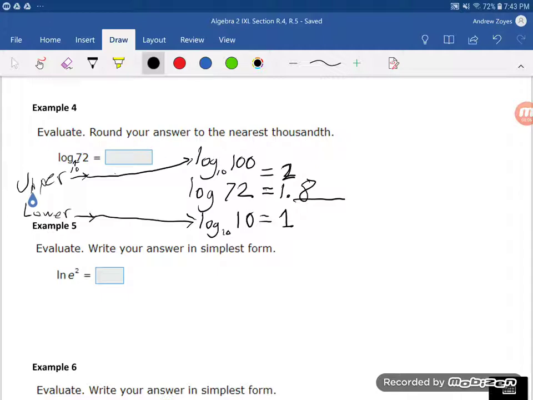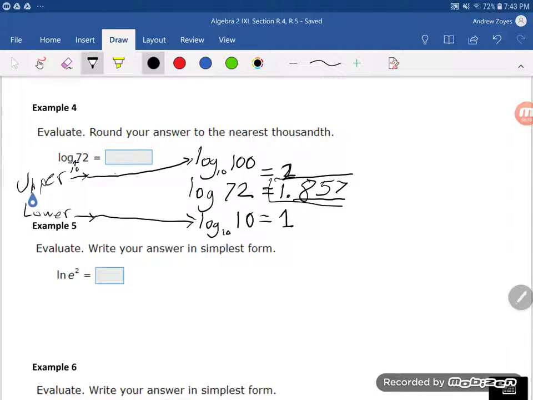It should be a button that just says log. Any scientific calculator will have it. So log and then 72, and I calculate, and lo and behold, that actually wasn't a bad guess. I actually get 1.857. So right between 2 and 1, I was able to predict where this was going to fall.